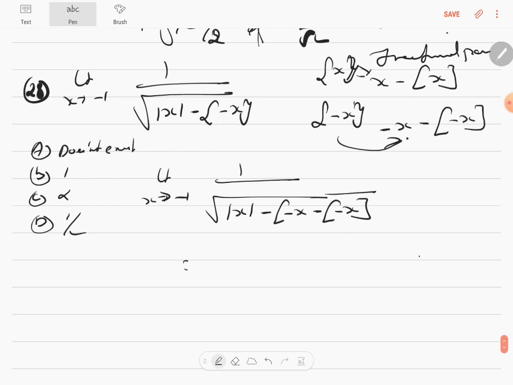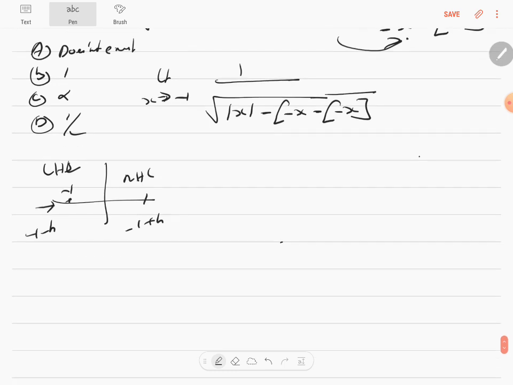Let's do this, and you're going to do it for left hand limit. Left hand limit is you're going to approach minus 1 from the left, so it's minus 1 minus h, and right hand limit is minus 1 plus h. So let's do the left hand limit.